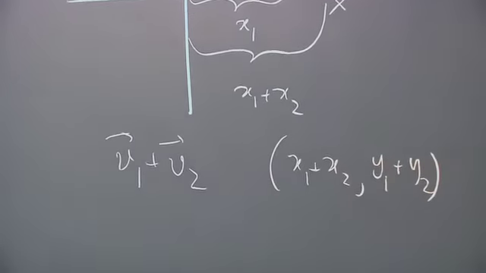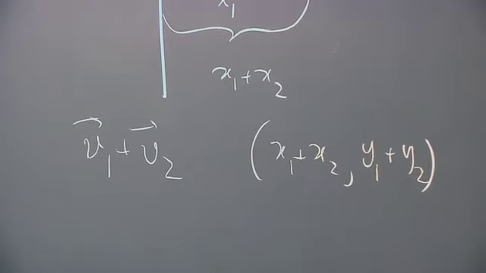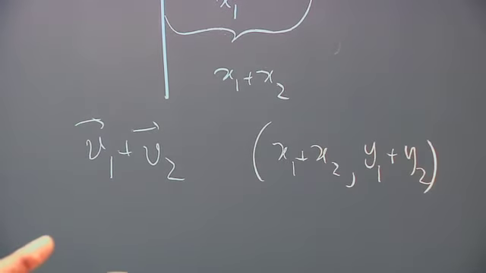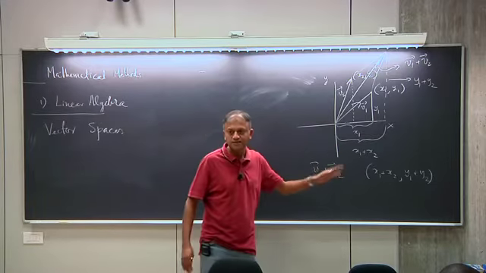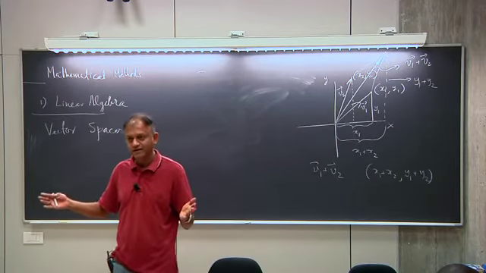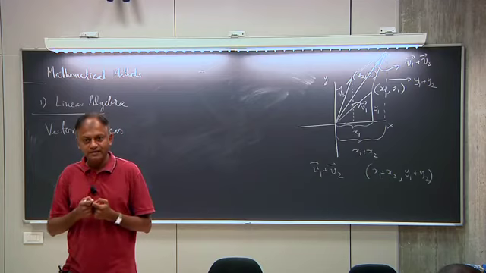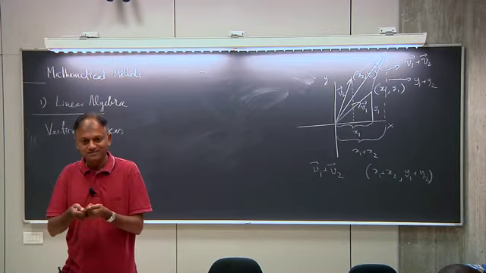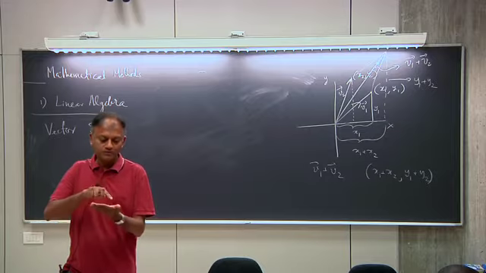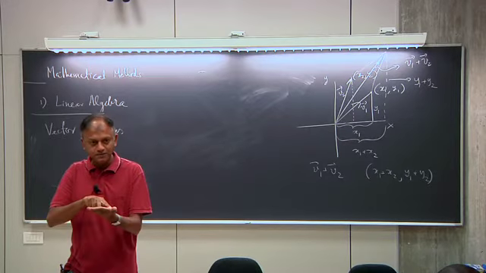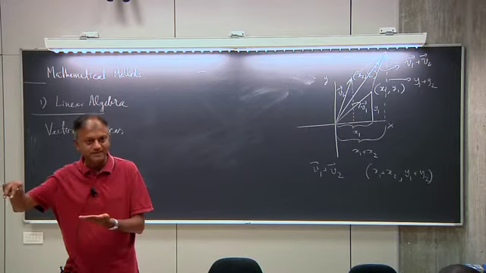So what is the important point here? That the set of all vectors, okay, this is a set. I mean, if you consider all the possible vectors in two dimension, that will form a set. But what is important about this set is that there is a rule of addition. You see, you have to specify a rule which tells you if you take these two vectors, add them up, you will get another vector in the same set.